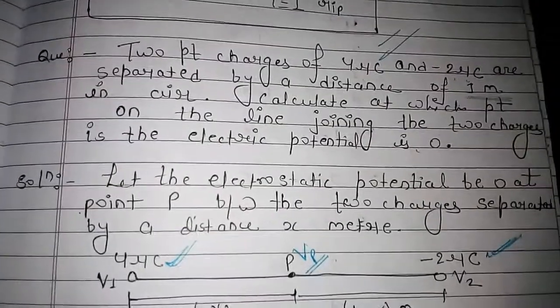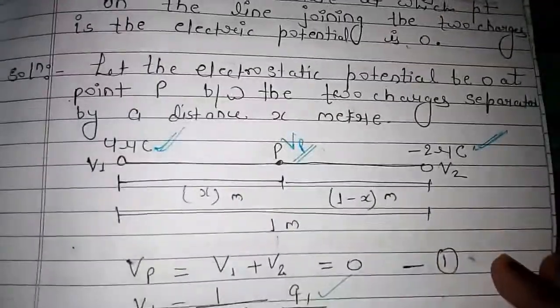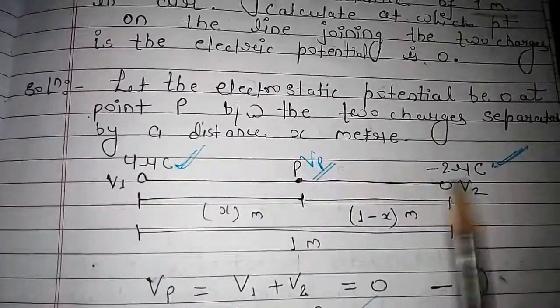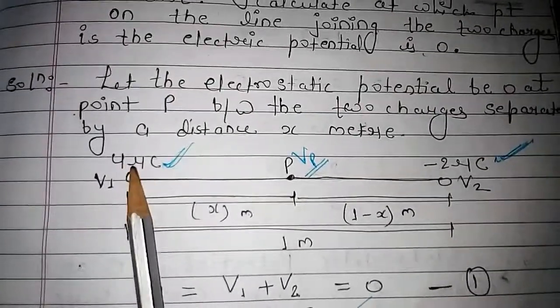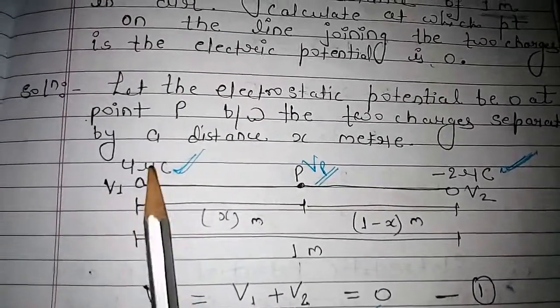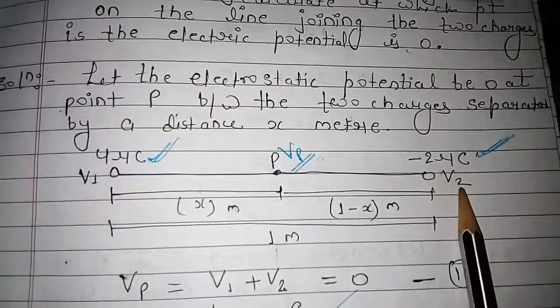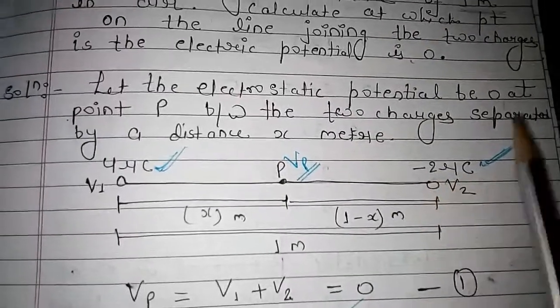We have to calculate the point where the electric potential is 0. Now see, this is our system. This is the point of the first charge, where the potential is V1 suppose. What is the first charge? 4 microcoulomb. Here the potential is V2 suppose, and here the charge is -2 microcoulomb, given in the question.